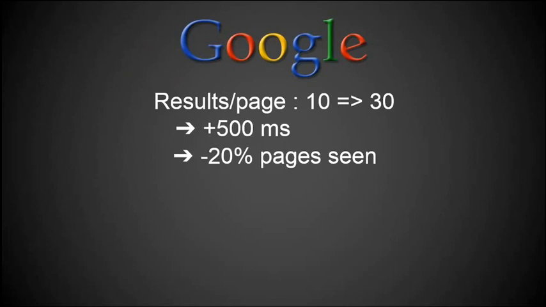This was some research done by Google. If their page loading speed gets slower by half a second, 500 milliseconds, their page views drop by 20%. Just imagine, Google makes its revenue mostly through advertisement, and it completely depends on how many pages are seen.